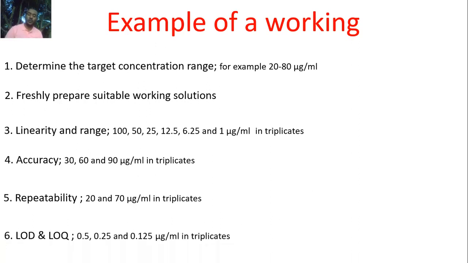And you might go a bit lower with dilutions for determination of LOD and LOQ. You run all these in triplicates, and you construct your calibration curve using the linear equation. You calculate the accuracy and precision of your method, and that's it. It's very easy.